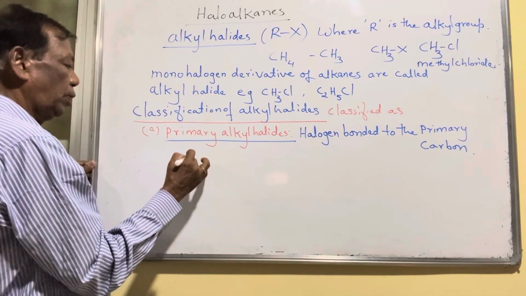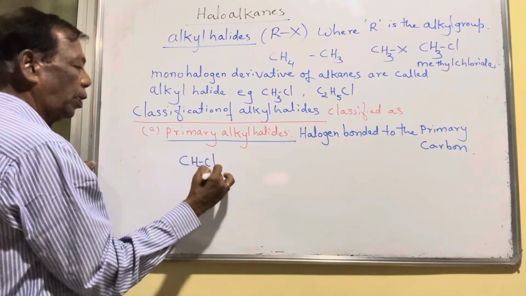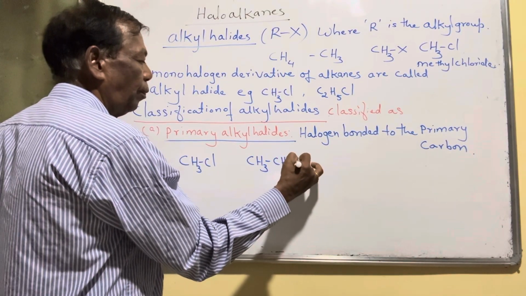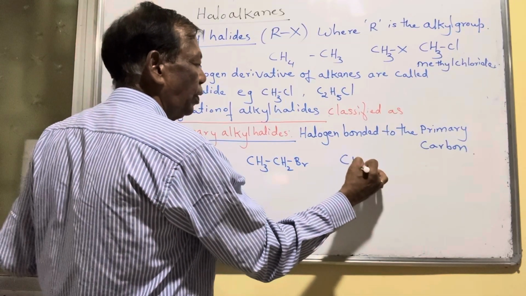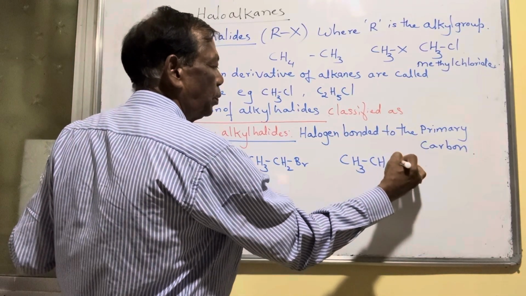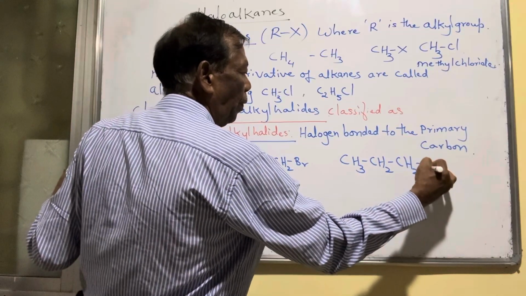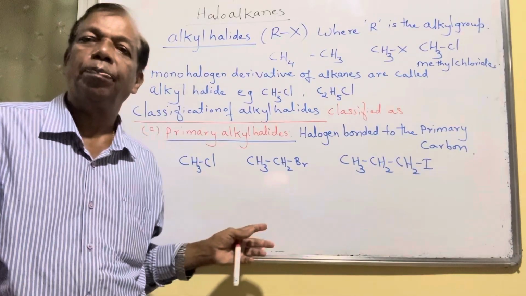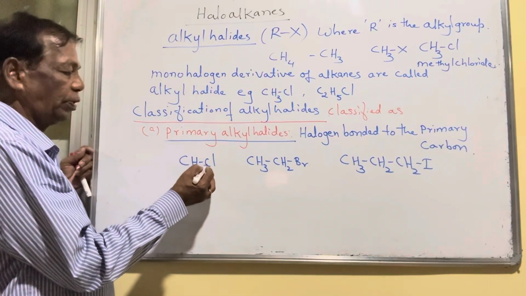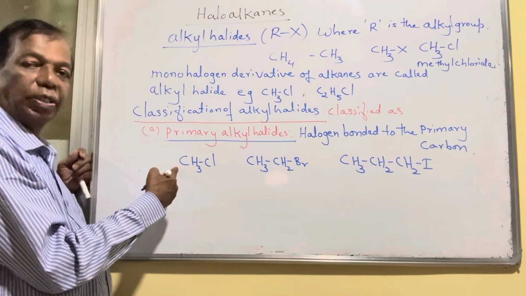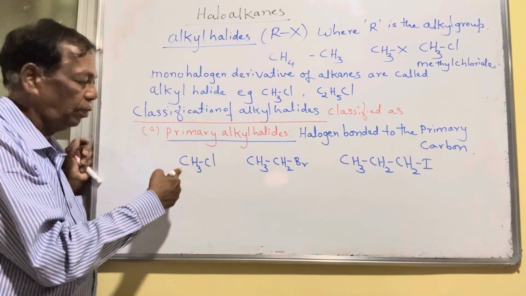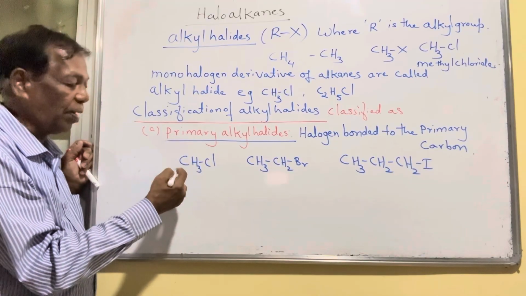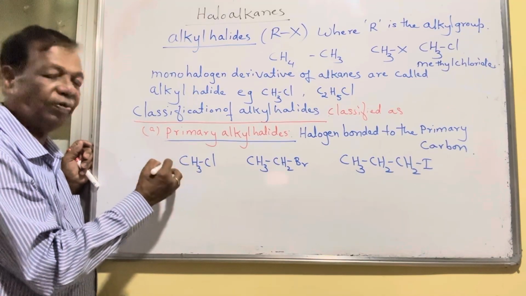Suppose we have methyl chloride, ethyl bromide, and CH3CH2CH2I. Just see this, three different compounds I have written, but all these are primary. The halogen is bonded to this carbon. This is a special case where one carbon with three hydrogens attached, then this is also a primary alkyl halide.